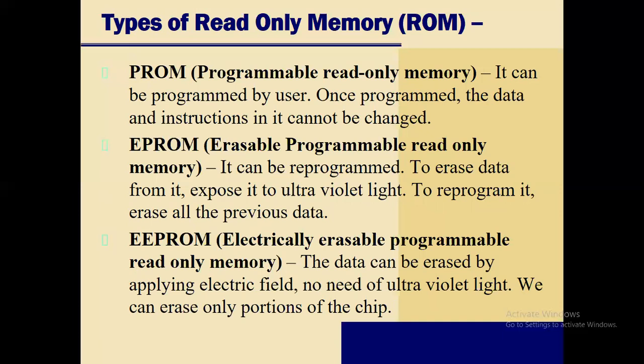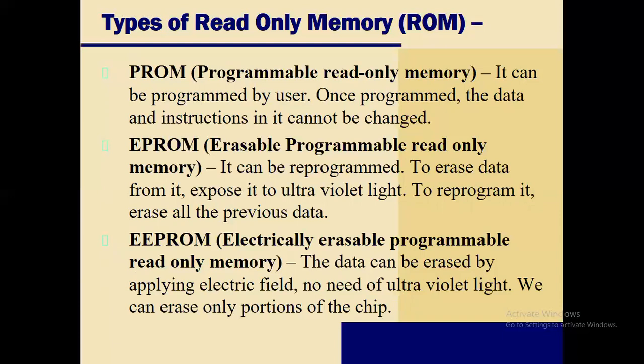Another type of ROM is the erasable programmable read-only memory, EPROM. It can be reprogrammed; to erase data from it, expose it to ultraviolet rays. So we can erase the contents of this type of memory through ultraviolet rays.